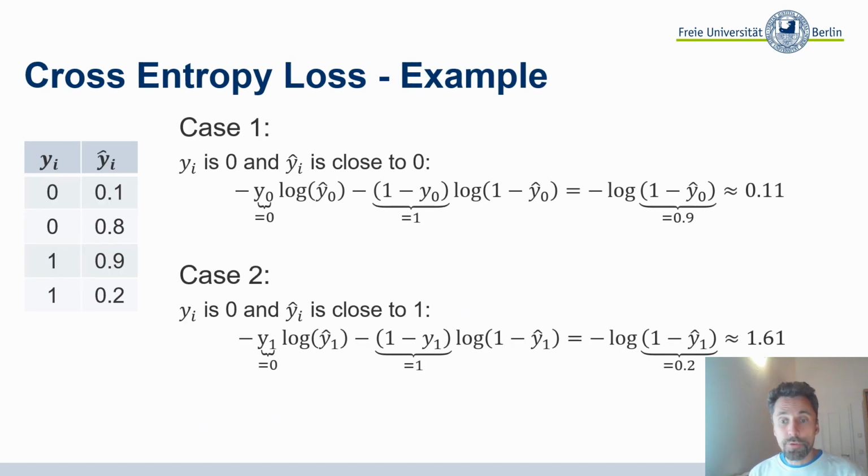Let's go through a quick example of cross entropy loss. So we have 4 different samples here, outputs of our model y hat, and the corresponding real labels. You could review this, and I'm not going to do this step by step in the video, but you can just stop and see if we did it correctly.